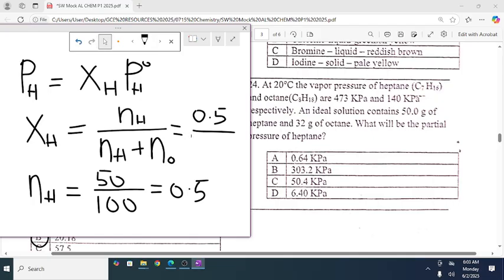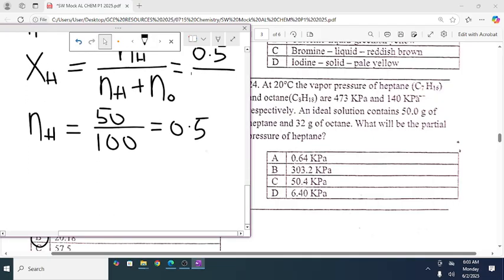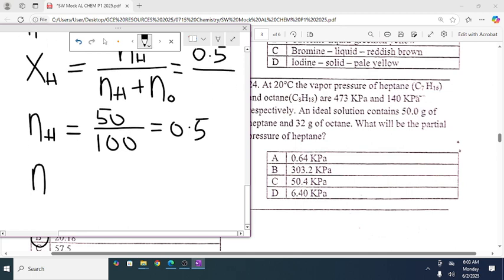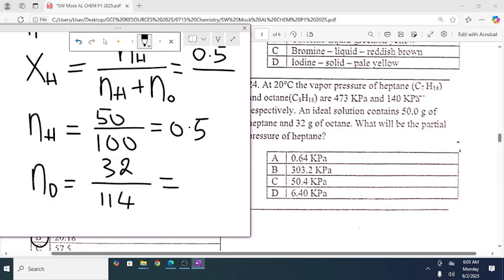Now let us find the number of moles of octane, because we need it. The given mass is 32, divided by the molar mass of octane. Octane is C8H18, so we take 8 times 12 plus 18, that gives us 114. 32 divided by 114 gives us 0.28.